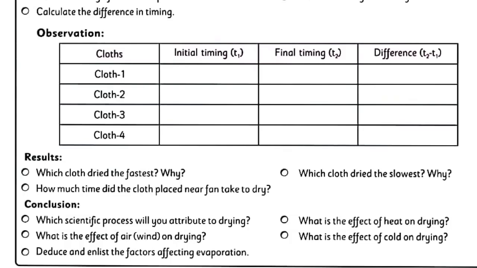How much time did the cloth placed near the fan take to dry? Conclusion: which scientific process will you attribute to drying? What is the effect of air on drying? What is the effect of heat on drying? What is the effect of cold on drying? Deduce and list the factors affecting evaporation.